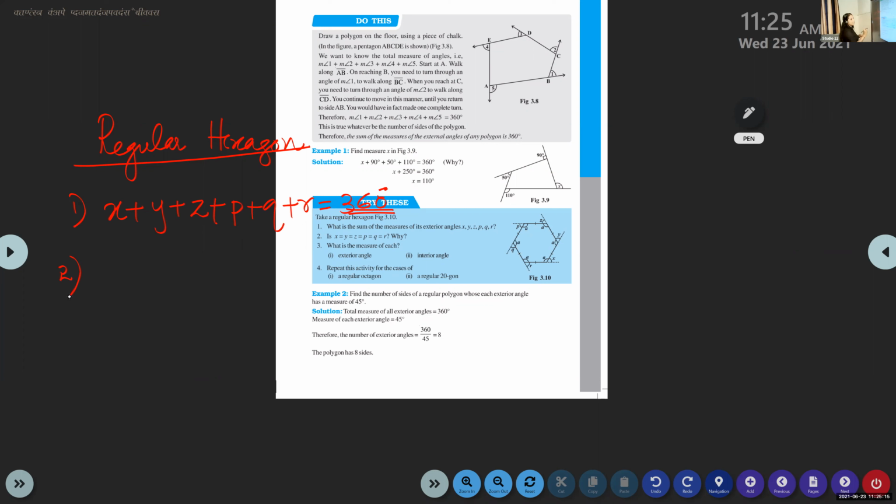Second one is X equal to Y equal to Z equal to P equal to Q equal to R. Yes, they are equal. It is a regular hexagon.